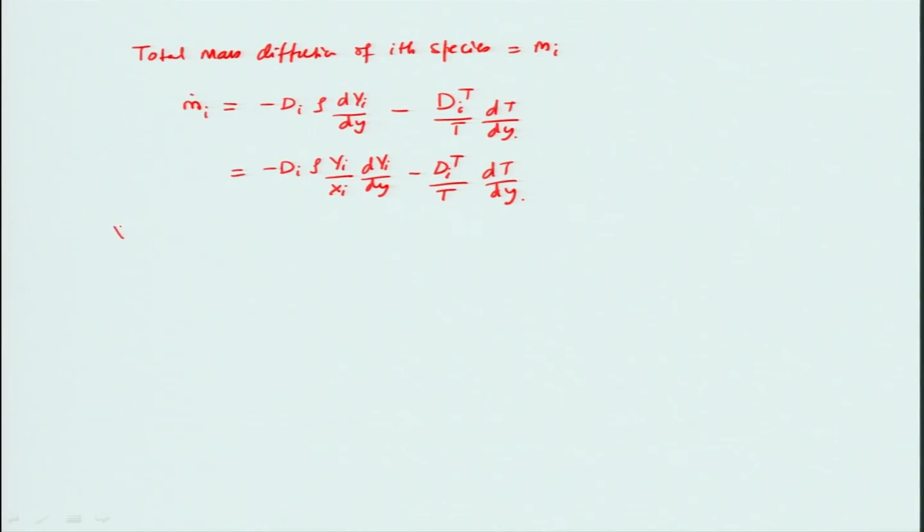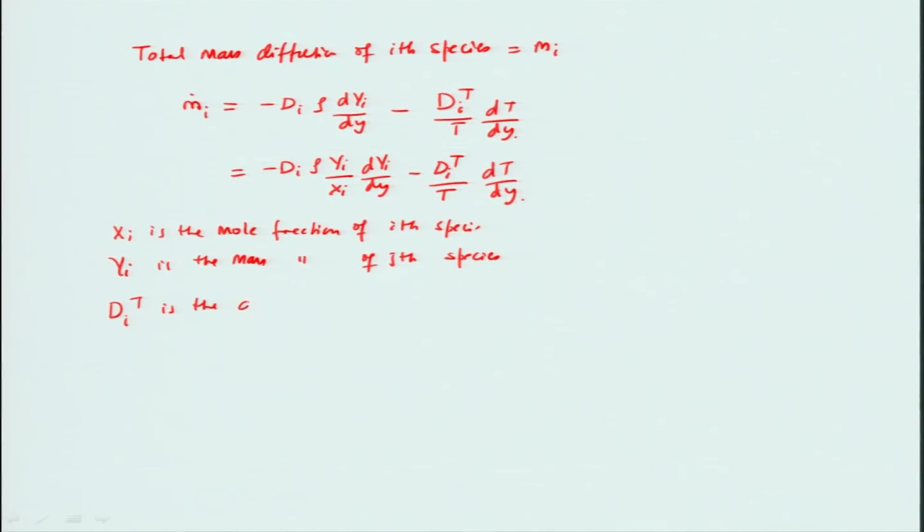Here, X_i is the mole fraction of the i-th species, Y_i is the mass fraction of the i-th species, and rho is the density. D_i^T is the diffusivity due to the Soret effect, that is, due to the temperature gradient or thermal diffusion, and D_i is the mass diffusivity due to concentration. This is the mass diffusion.